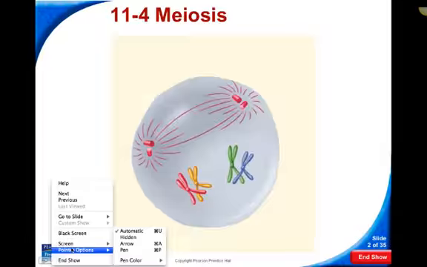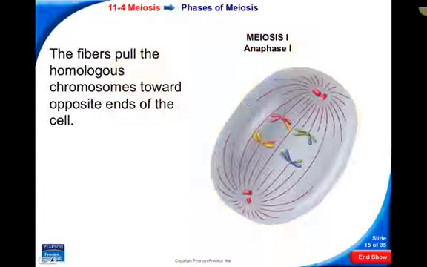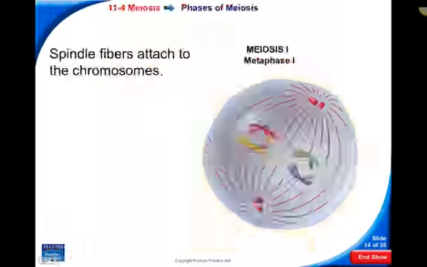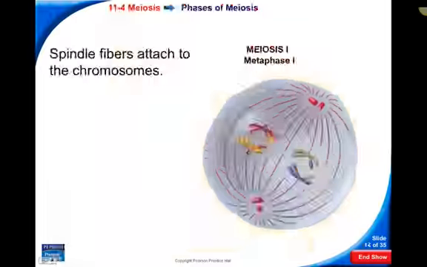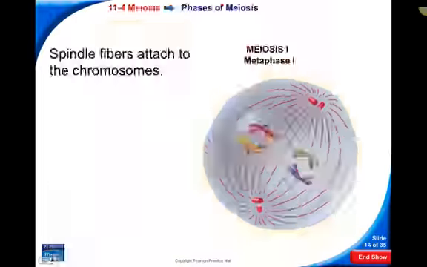Okay, so in metaphase, we have our chromatids lining up along the equatorial plate. We have our spindle fibers attaching, and they begin to pull apart the homologous pairs.